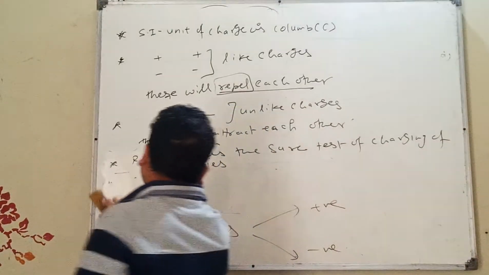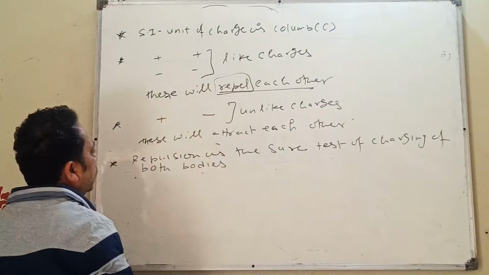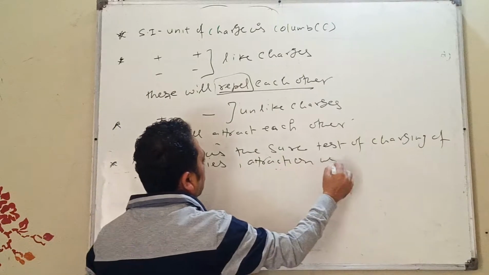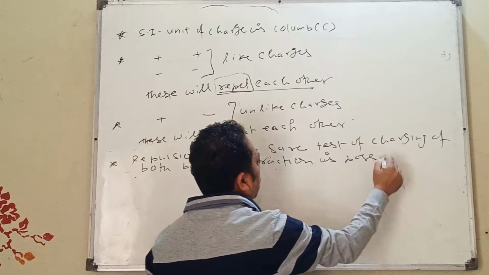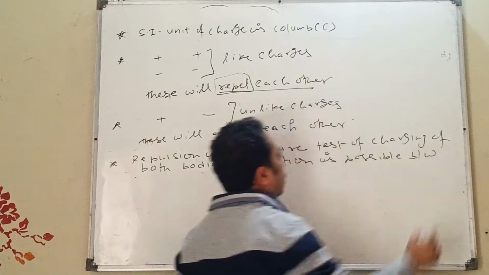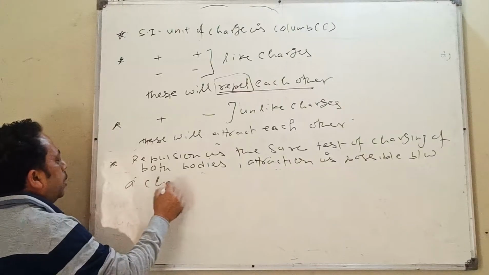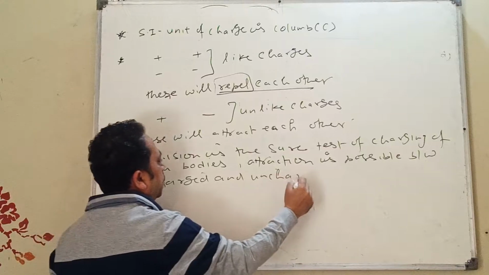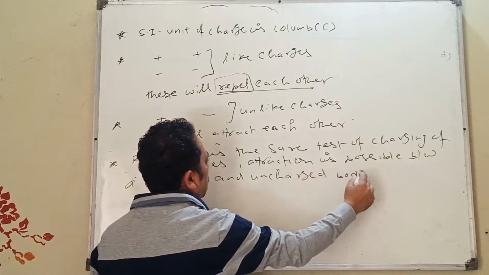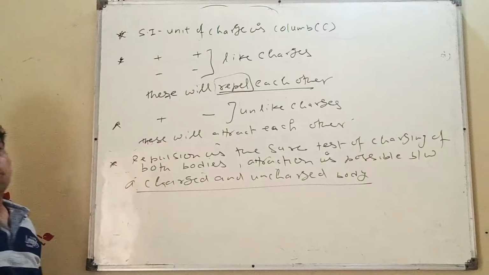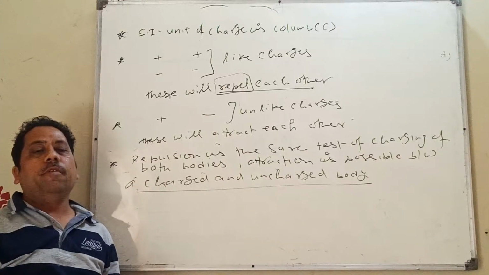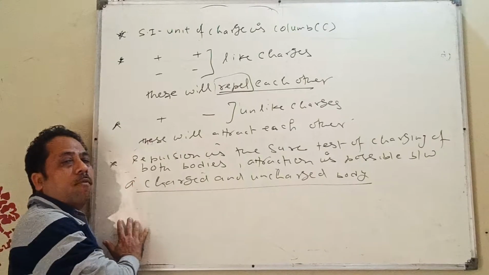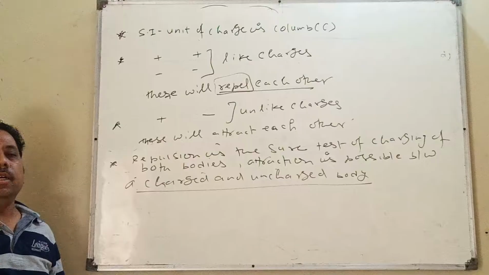Why? Because attraction is possible between a charged and uncharged body. For example, if you rub a balloon over your head and try to make it stick on the wall, you will find it will stick.